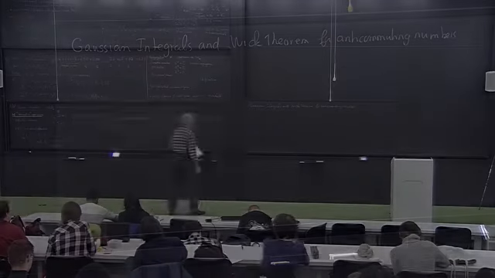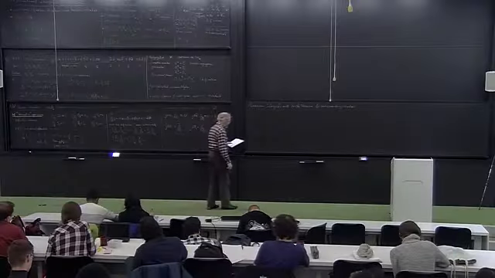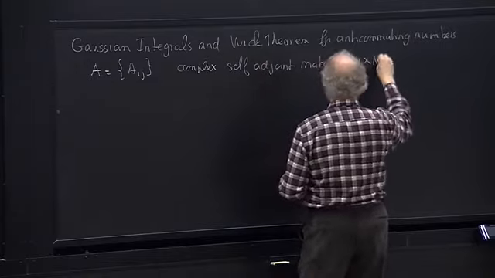So, what is a Gaussian? Let me take A equal A_ij, a complex self-adjoint n by n matrix.